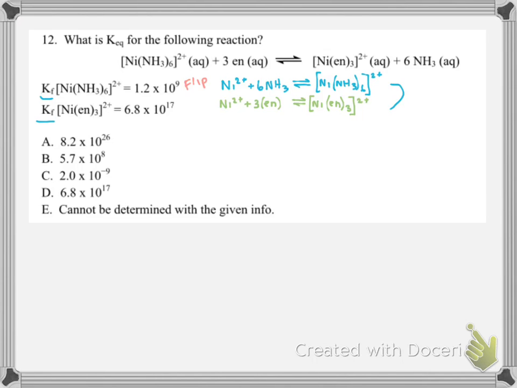Okay, and so if we're going to flip a reaction, we do 1 over the K. So I'm going to circle this one in pink so you know that that's the K I'm referring to, the pink K. And then to combine KEQs, we multiply them together. So I'll make this one the green K. So this will give us our overall KEQ.